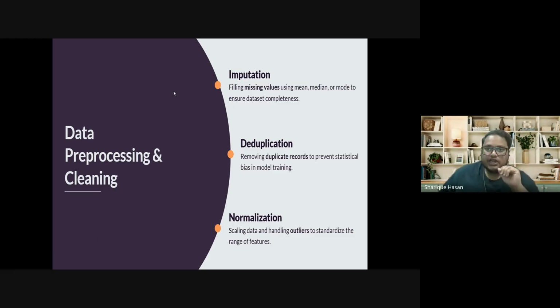So the first point is imputation. Imputation means filling out the missing values using mean, median, mode, ensuring the data set is complete. When you just get data, all the values of the data set are not available. Some values are missing.